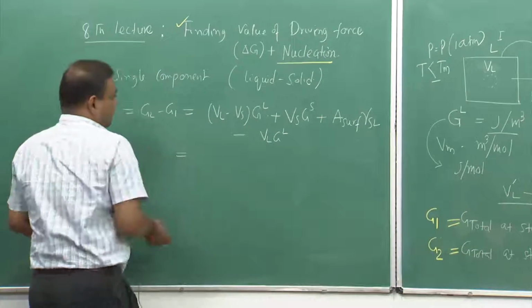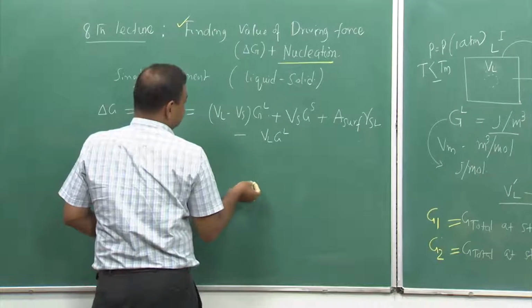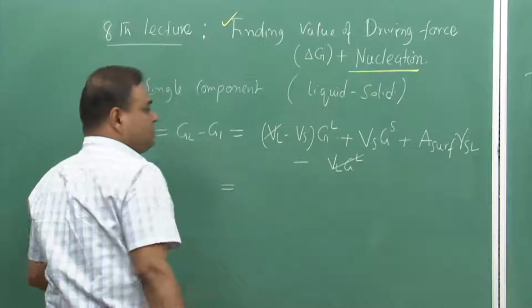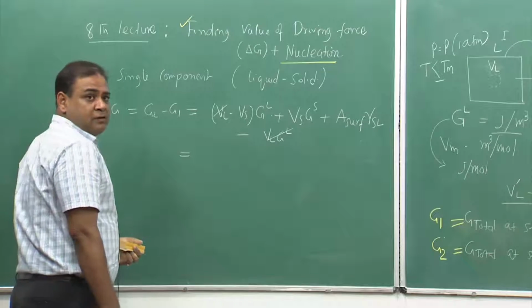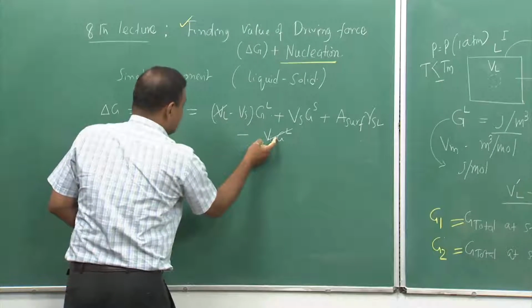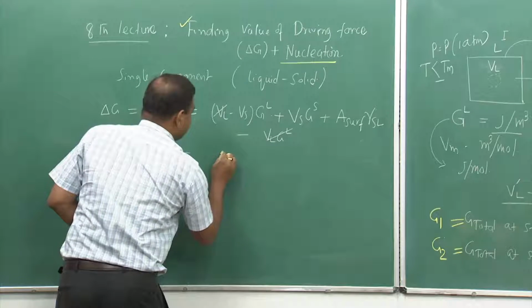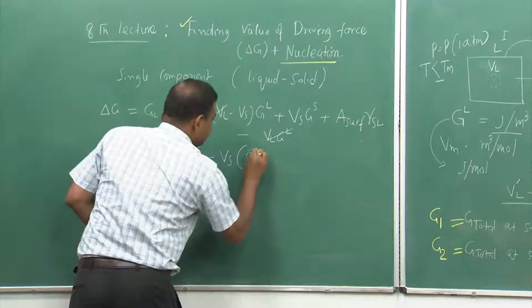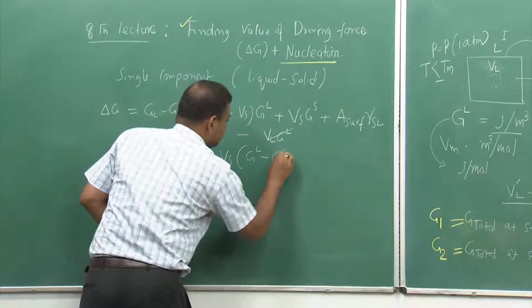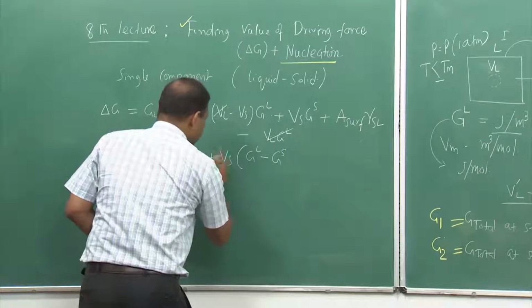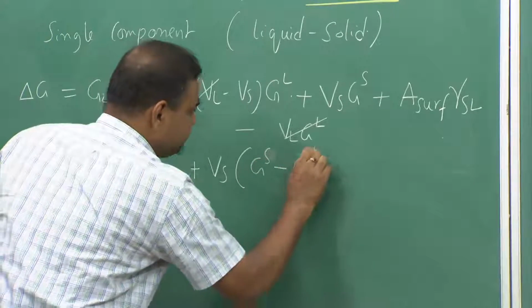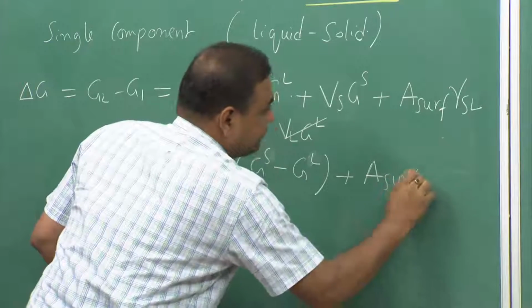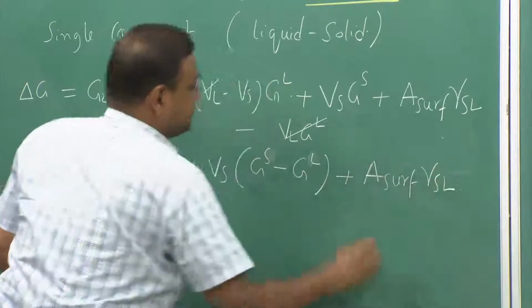So, then I would see that this term and this term go out. Now, this term and this term go out. So, I would be left with Vs times Gs minus GL plus A surf gamma SL.